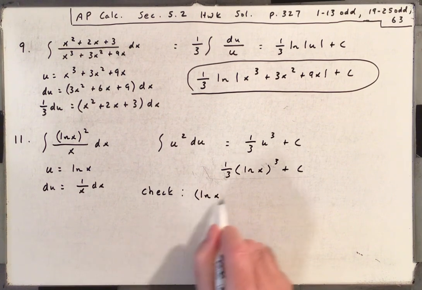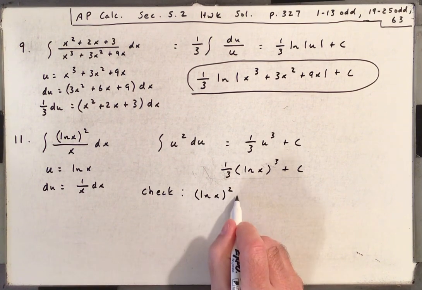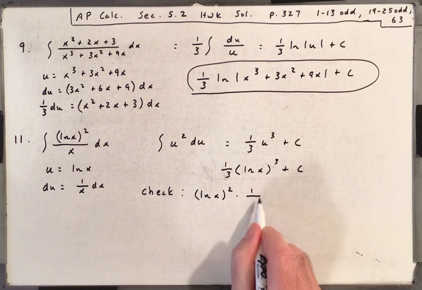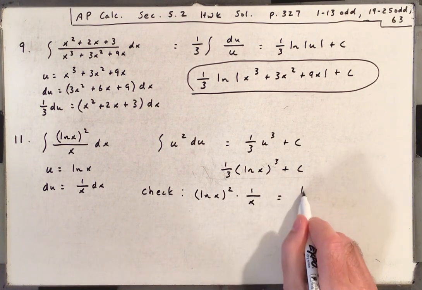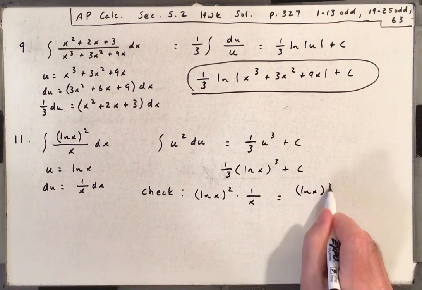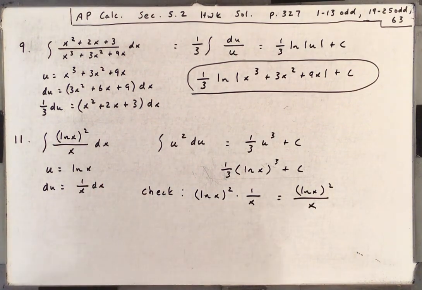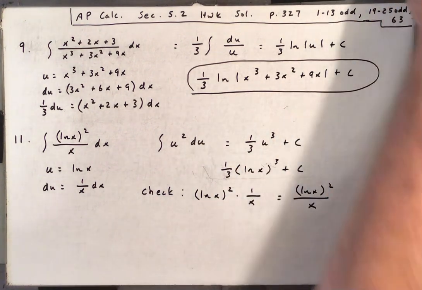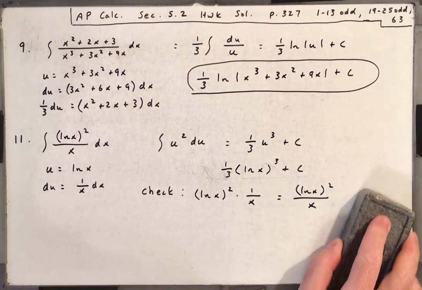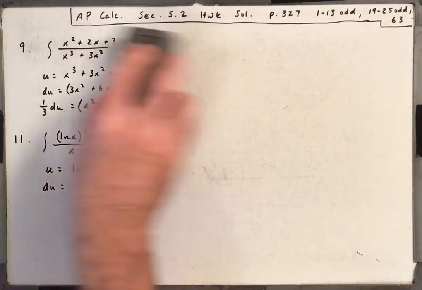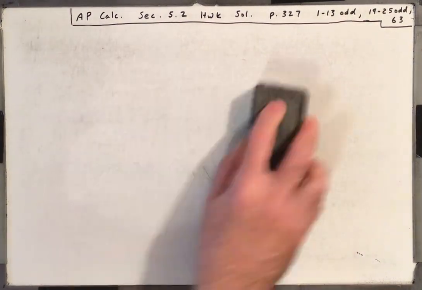That would cancel, so it's the natural log of x squared times the derivative of the inner function, which is 1 over x. So you end up with the natural log of x all squared over x, which is exactly what you need here. Some of them you can check with your eyeballs. Some of them you need to maybe write it out on paper just to see if you got everything right.